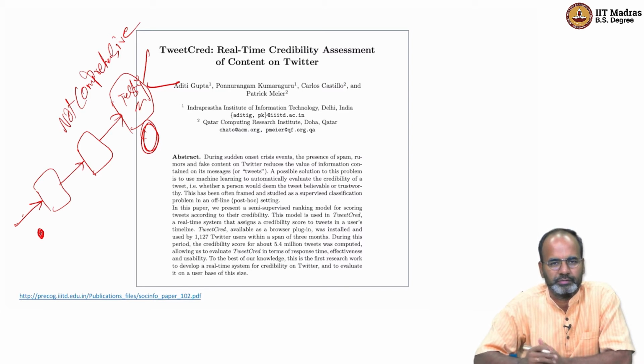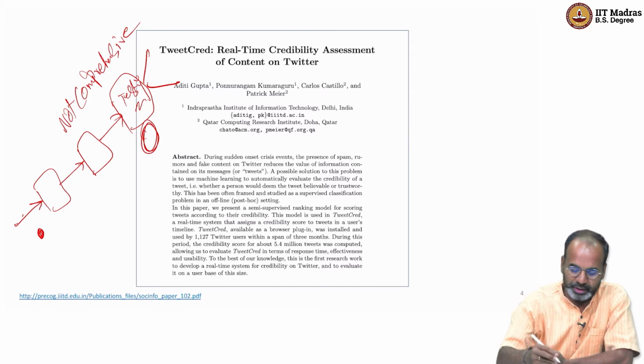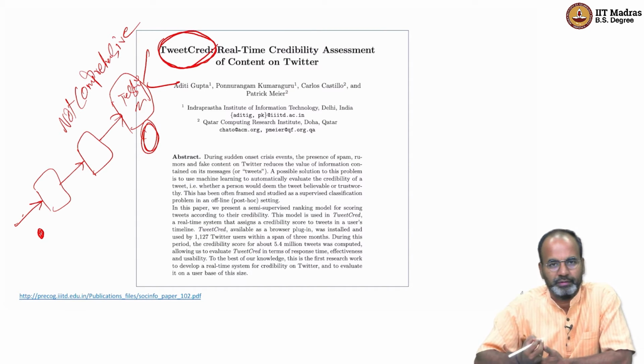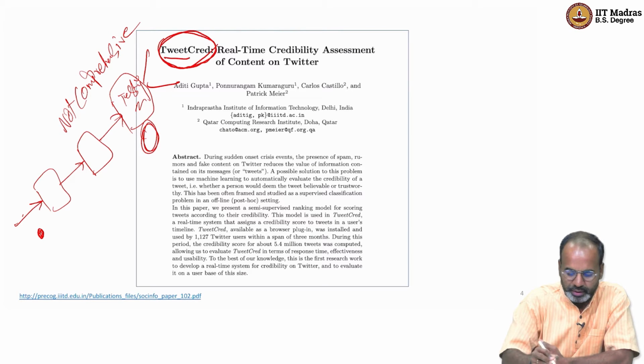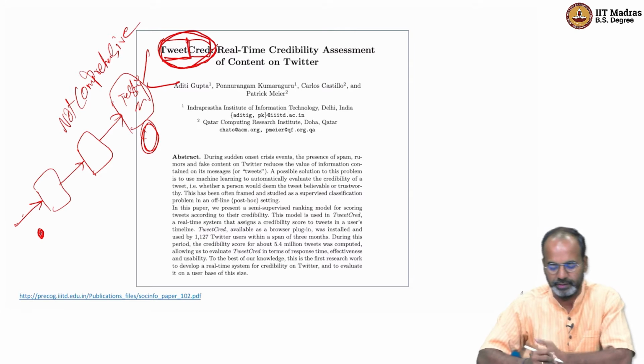A simple architecture for making a choice. Now you can think of this itself as a tool. That's what this tool does, and many other tools that we're going to see do, which is TweetCred: Twitter, tweets, and credibility, cred.